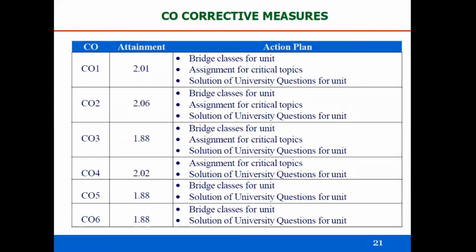Then you need to incorporate these, keeping all these CO attainment values, and compulsory improvement will be added so that you can project. Last batch, for so and so course, these were the CO values; now for the next batch the CO values are increased. Like that we have to propose.